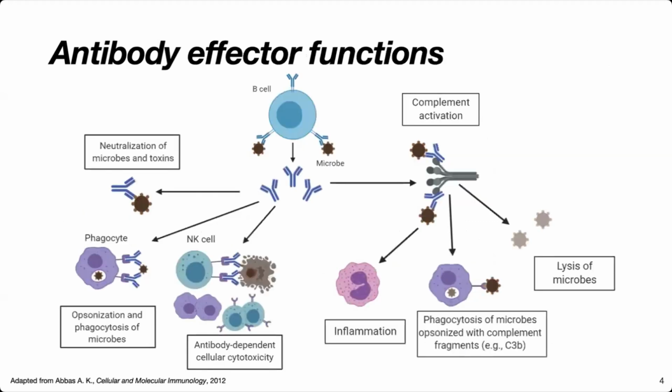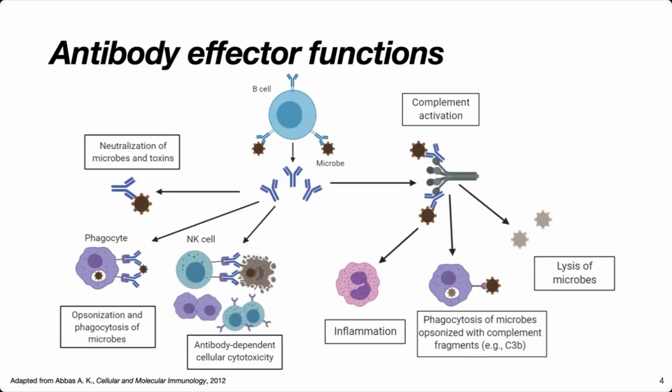When an antibody binds a target or a pathogen, it can either directly or indirectly help to eliminate these pathogens. For example, an antibody can neutralize a toxin or a virus by blocking it from entering or interacting with host cells.